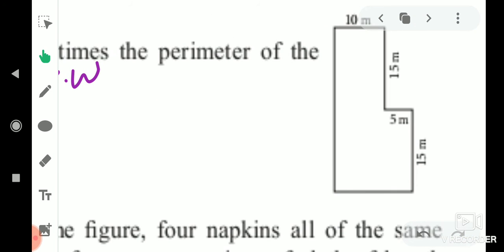So this side is 15 meter, so automatically the length till this point is 15 meter. Again this much length is 15 meter, so automatically this much length will be 15 meter.